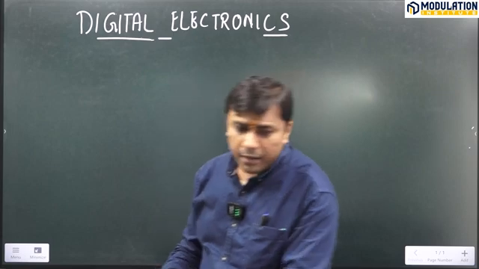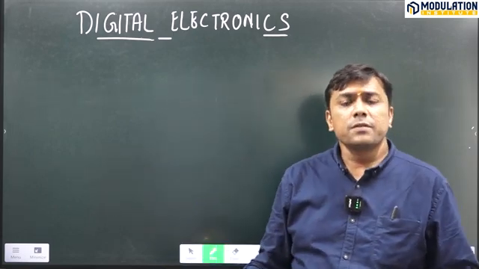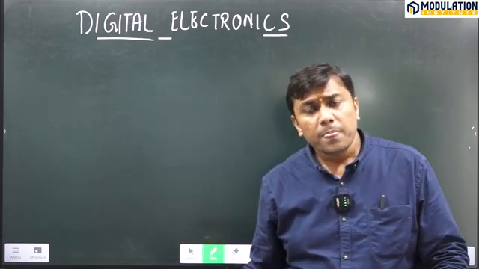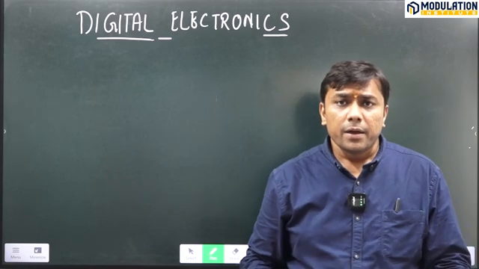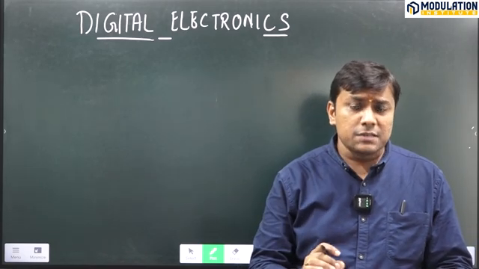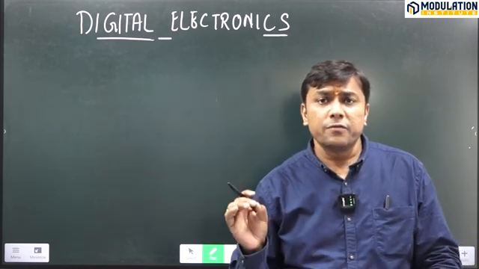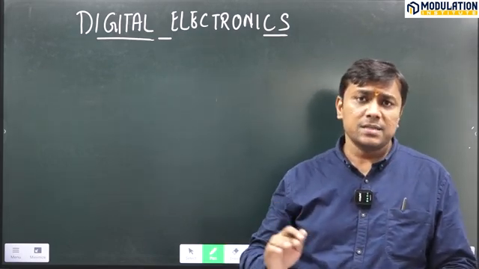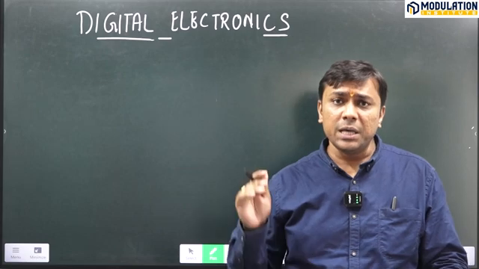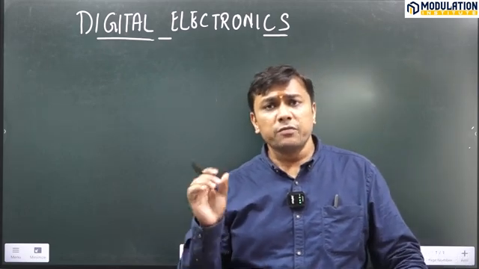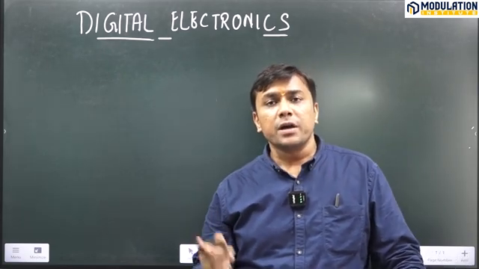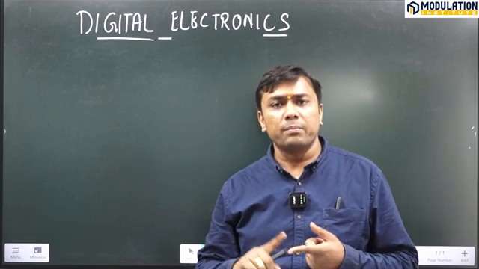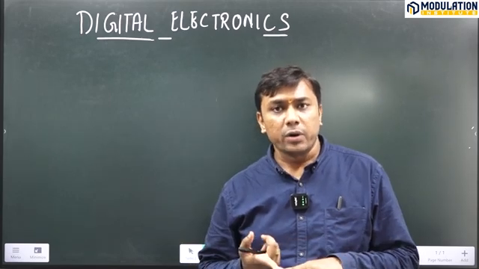There are 4 types of number system, which is very interesting, and this topic is very important from your examination point of view, either in the LEET examination or in competitive examinations. In each competitive examination, there is one must question from the conversion of one number system to another number system.